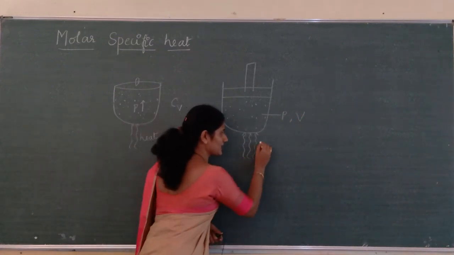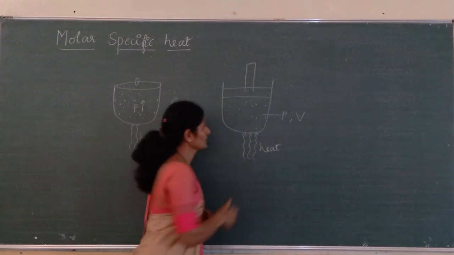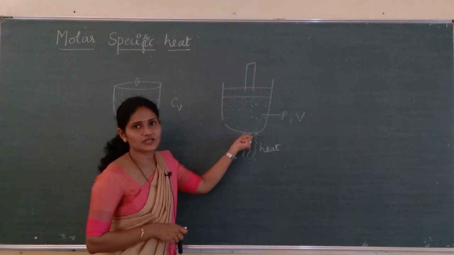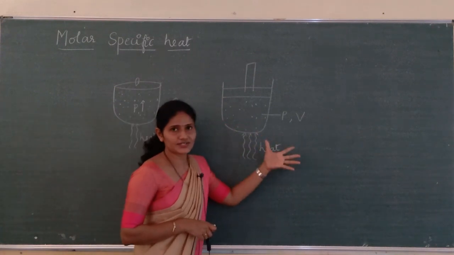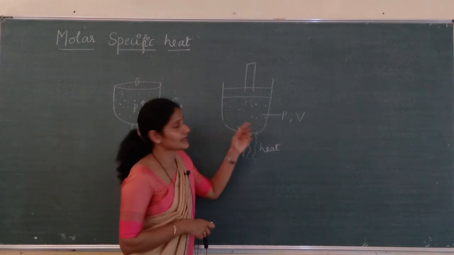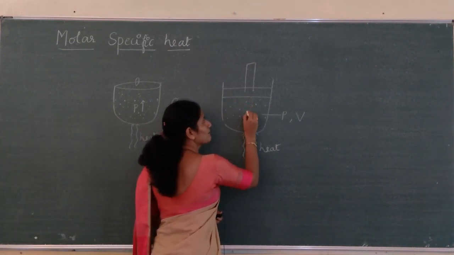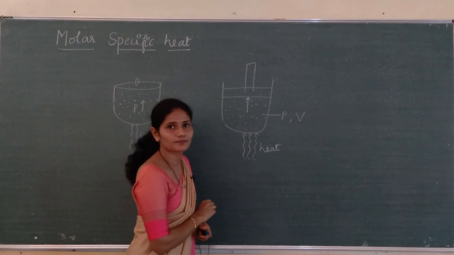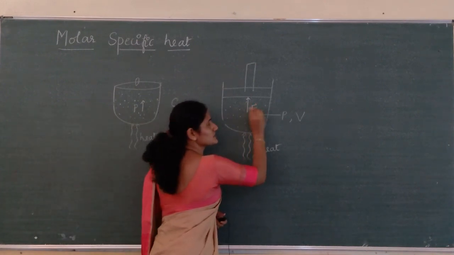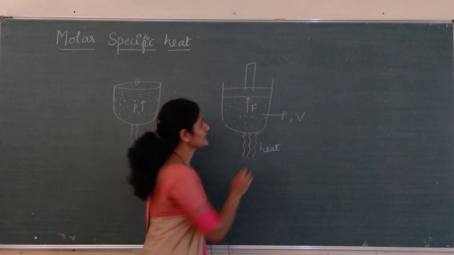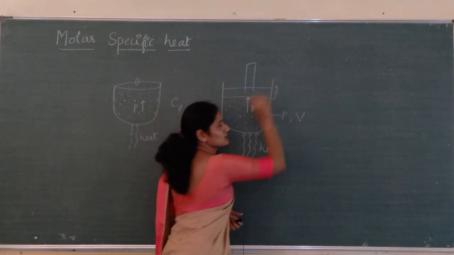When we supply heat energy, the molecules inside the system absorb the energy, their speed increases, their energy increases. So, as a result, these molecules apply force on the piston. When they apply force on the piston, this piston moves in the upward direction. There is displacement of the piston.